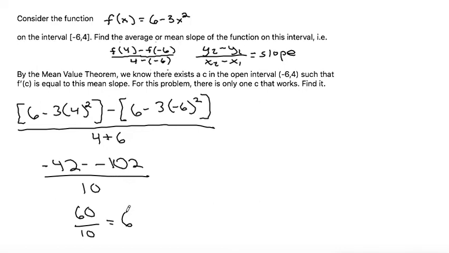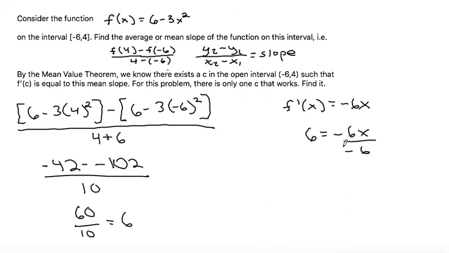So what we're saying is between these 2 points on the interval negative 6 to 4, the slope between those 2 points is 6. So if we set our derivative equal to 6, first of all, let's find our derivative. The derivative of 6 minus 3x squared, the 6 would go to 0, so it would be negative 6x. And if we set this slope equal to 6, we get 6 is equal to negative 6x.